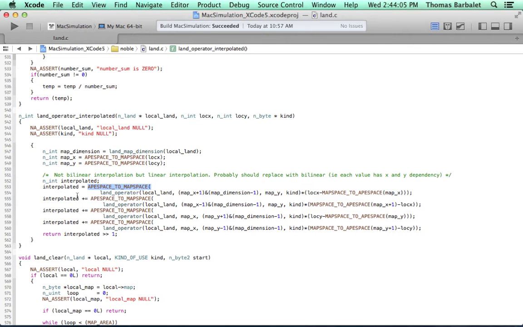So, interpolated here is a 64-bit value, or it's a 32-bit initially. So why not take this and do it by 7, and then just sum these?